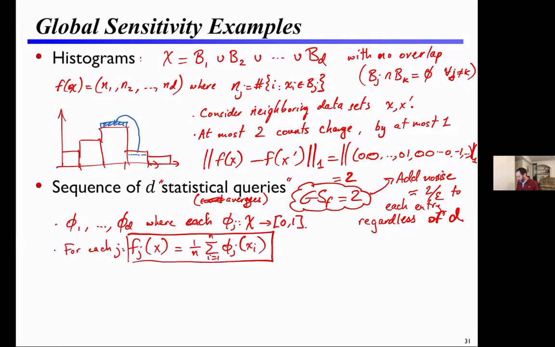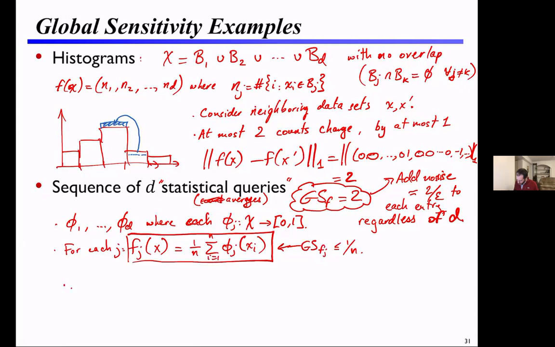Notice that if I change one record in the data set, this average changes by at most 1 over n. So the global sensitivity of f j is at most 1 over n, because when I change one record, I change at most one entry of this sum by at most 1, and that means the average changes by at most 1 over n.